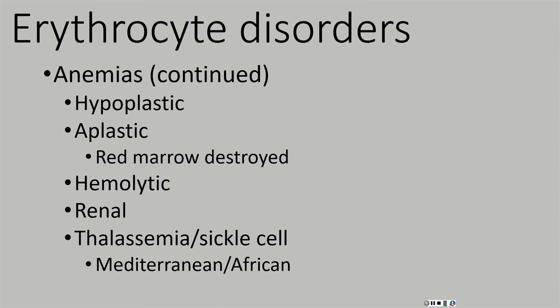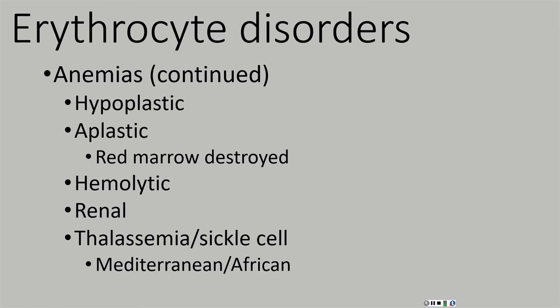Thalassemia is common in people of Mediterranean descent. Sickle cell anemia is common in people of African descent, although anyone can get any of these. But thalassemia more common in Mediterranean, sickle cell anemia more common in African, and the result is very similar. In thalassemia, the red blood cells kind of resemble almost like a bullseye under the microscope.